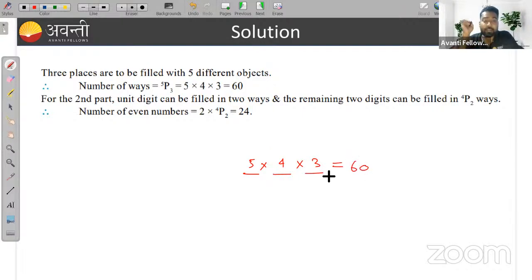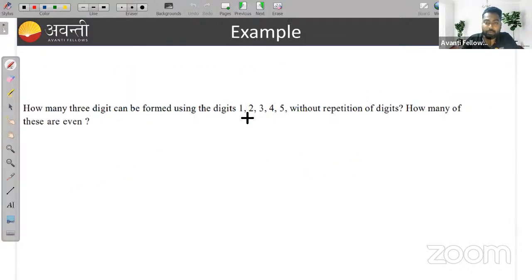For the second part, the unit digit can be filled in 2 ways, because it must be even. The remaining 2 digits can be filled in 4P2 ways. So for this number to be even, for the unit place we have only 2 options, 2 and 4.